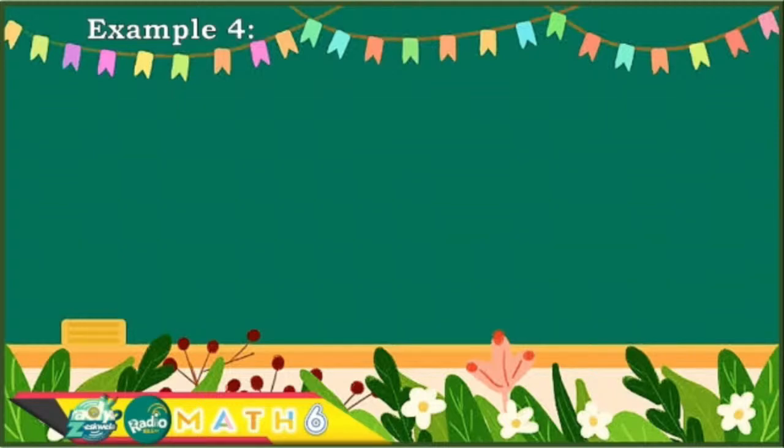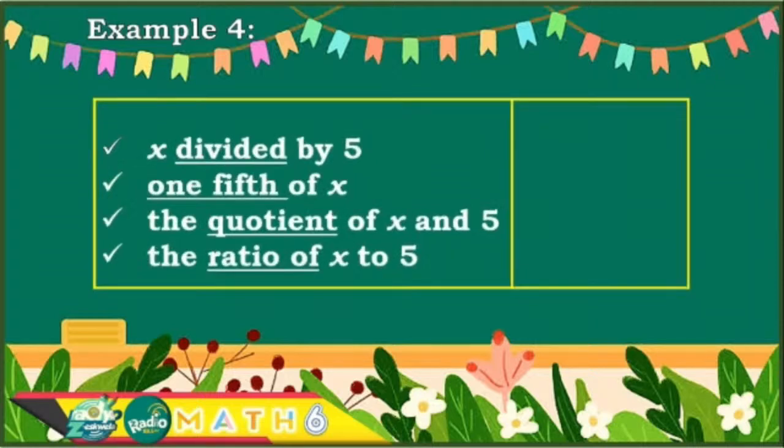And for the fourth example, the word phrases x divided by 5, 1/5 of x, the quotient of x and 5, the ratio of x to 5 can be translated into an algebraic expression, x over 5. Take note of the words divided by, the quotient of, and the ratio of indicate division.